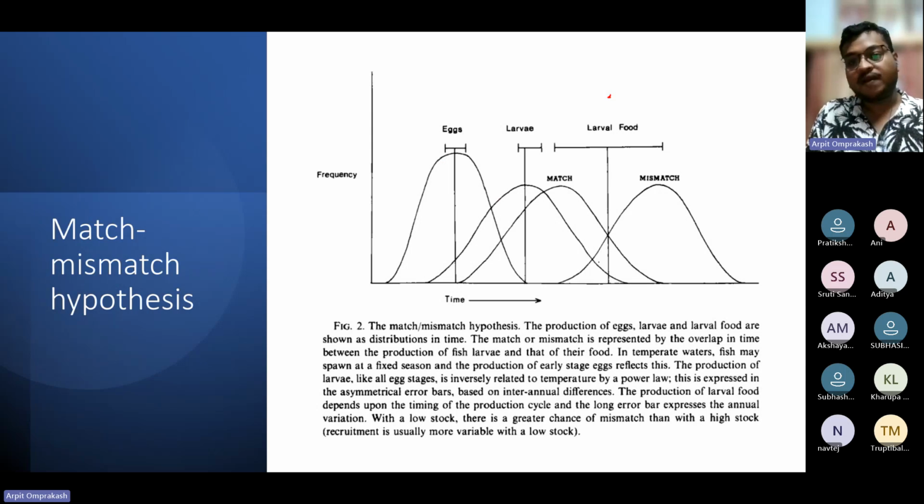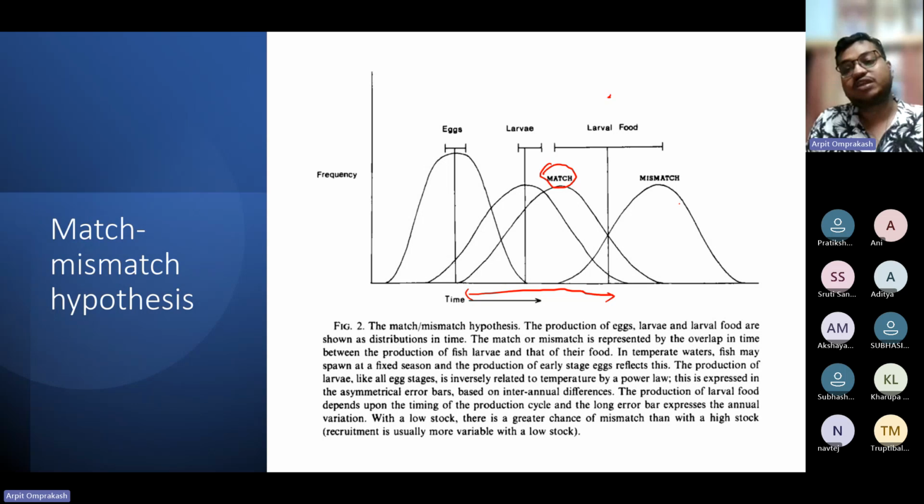So if there's a match between the larvae and the larval food, which is the plankton, in this case we see a match where there's a high amount of overlap between the amount of planktons present and the amount of larvae present. So in this region, we'll have a high amount of growth of these fishes, and the fish population will increase.